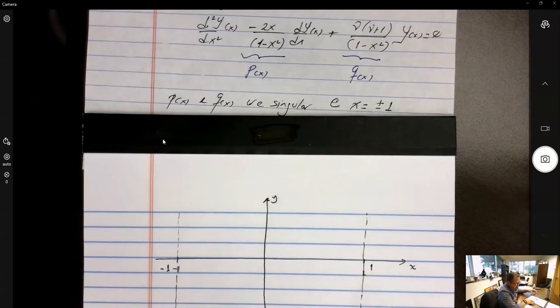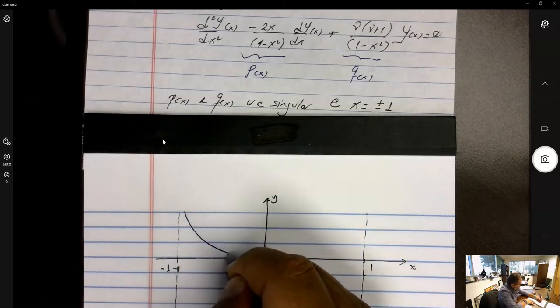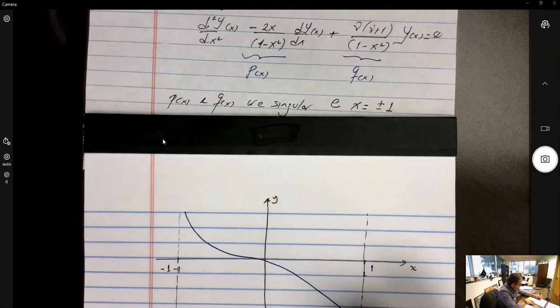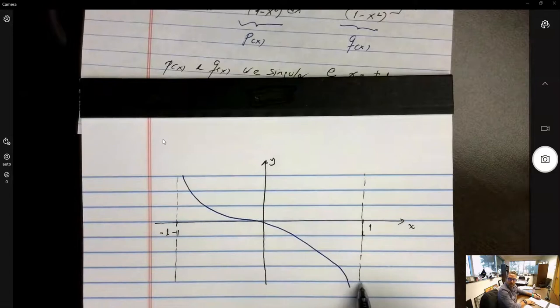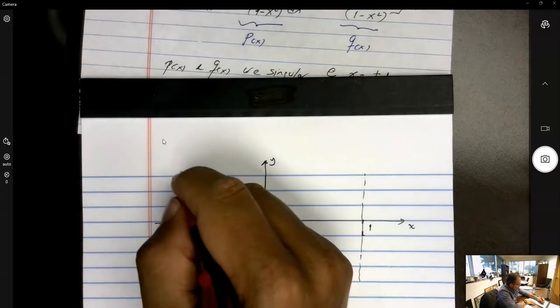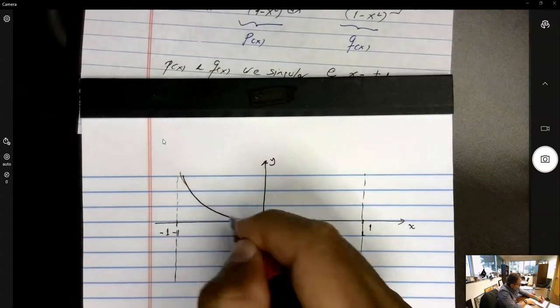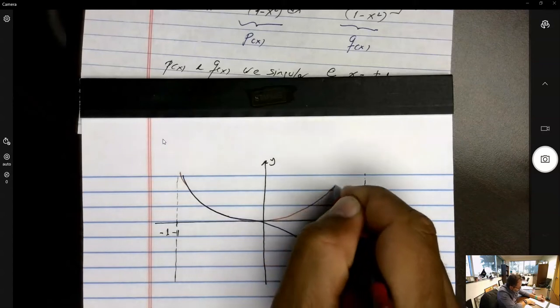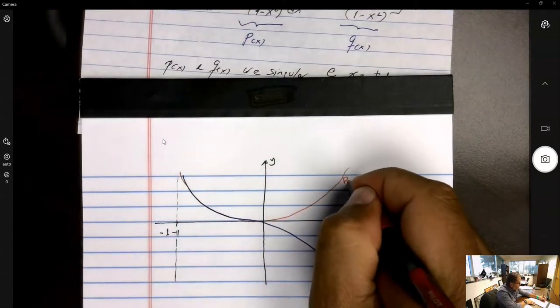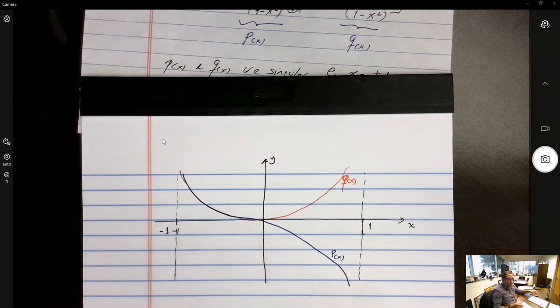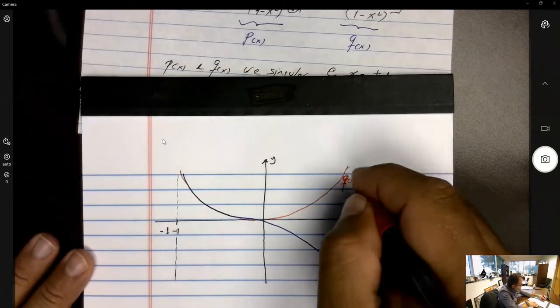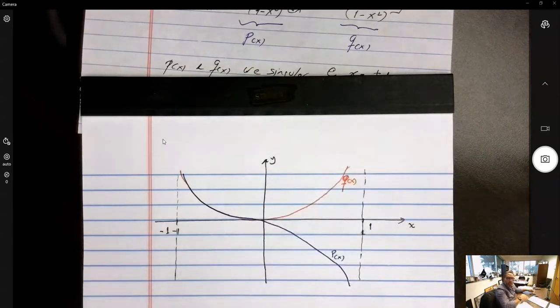And I can plot p of x, and p of x is going to look like this. As you can see, it goes singular here at x equal minus 1 and singular here at x equal 1. So this is p of x. And I can plot q of x, and it would also go singular here. I'm sorry, this is q of x. I sort of drew this not to scale, so you get the point. This is where the asymptote is.